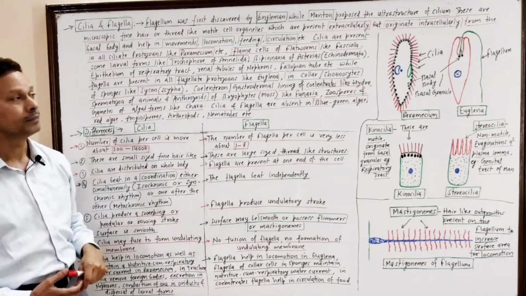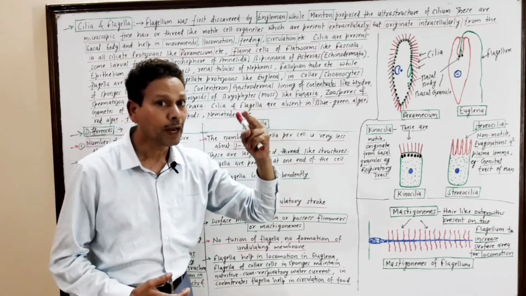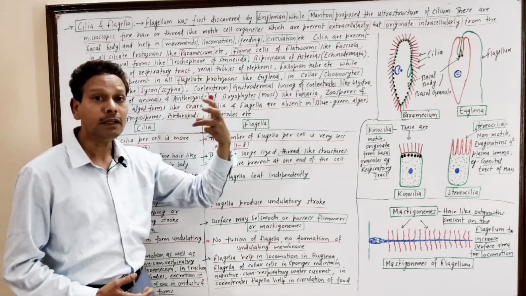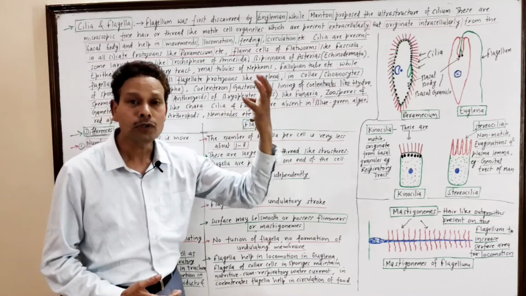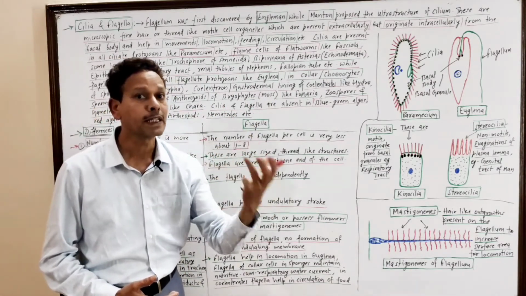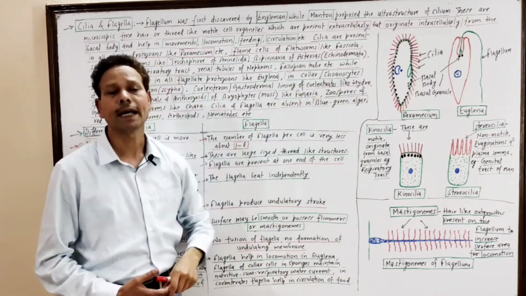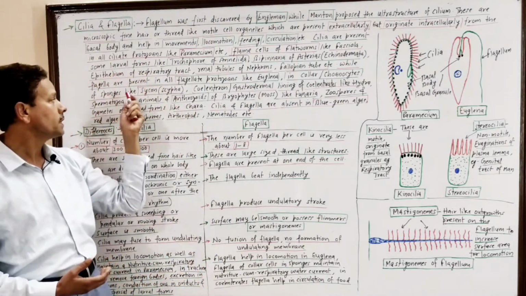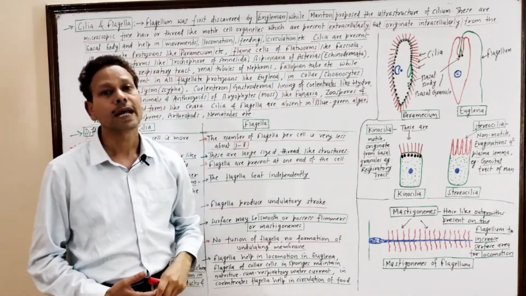Flagella are present in all flagellate protozoans. Note down, flagellate protozoans like Euglena. Here, the beating of these flagella in these protozoan protists is involved in movements and locomotion. In collar cells, the choanocytes of sponges like Scypha, we have already discussed that chapter.